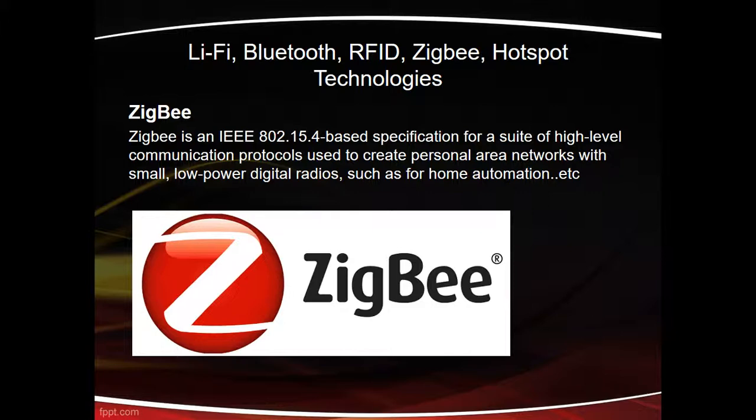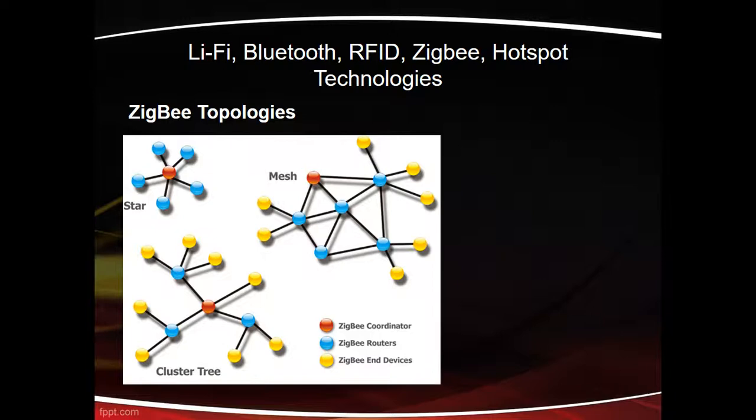It is used for industrial automation, home automation, smart metering and smart grid monitoring. The famous Zigbee topologies are star topology, mesh topology and cluster tree. Based on your application, you can use one of these topologies.